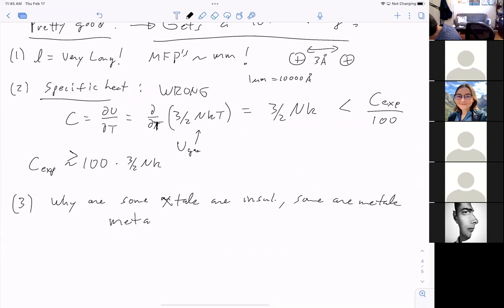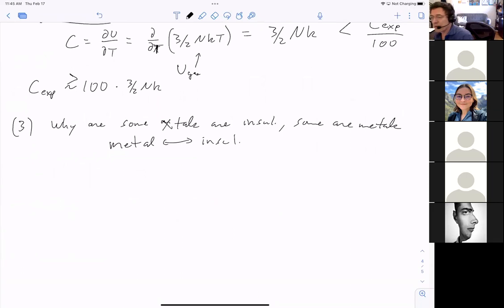So why do we have a metal, and why, on the other hand, do we sometimes have an insulator? Because if I have a material and I have a bunch of valence electrons, then if they're swimming around, then I should always get electrical conduction. Every material should be a metal. Almost every material, any material that has some free valence electrons should be a metal. So the Drude model totally blows it. It gets that wrong. So it doesn't explain that.